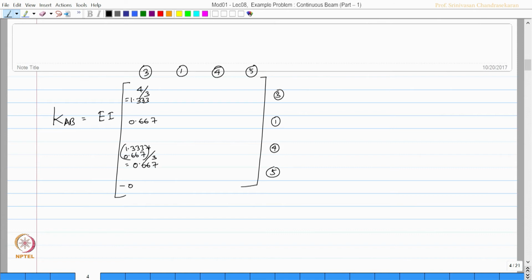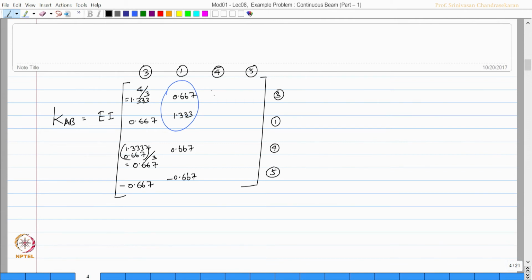This will be minus of that value, 0.667, and this will be 1.333, this is 0.667. This value will be the addition of these two divided by L, which is again 0.667, and this is going to be minus 0.667.